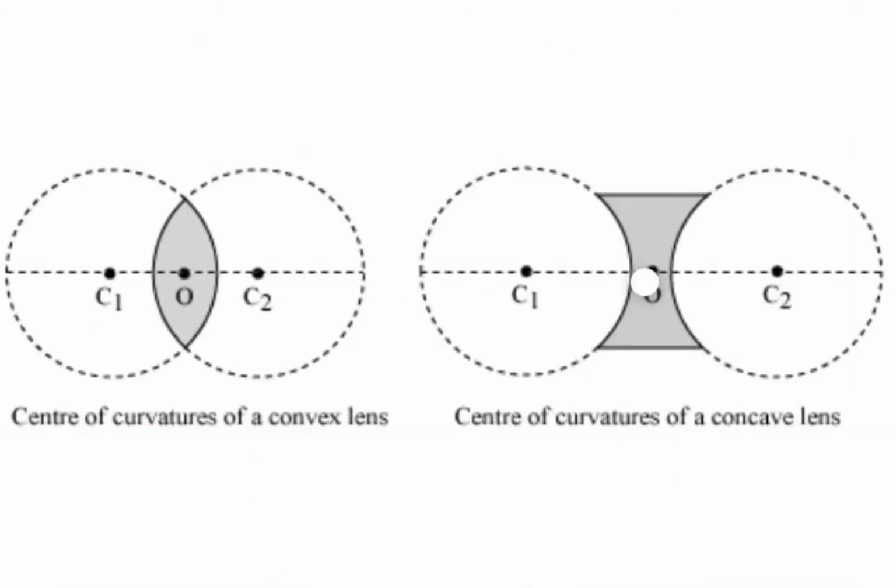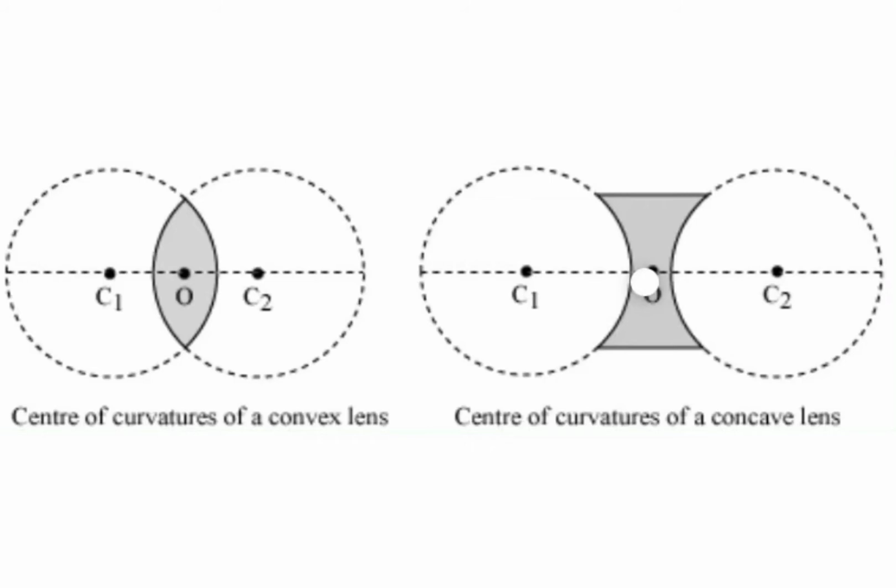So students, here you can see how lenses are formed from the spheres made up of transparent material. Here it is not necessary that both these spheres are of the same radius. They can be of the same radius, they can be of different radius also. And since these lenses are made up of two spheres, they have two centers of curvature, C1 and C2.